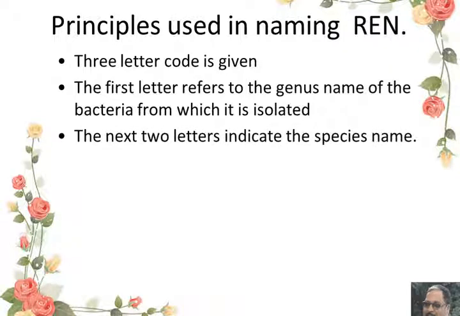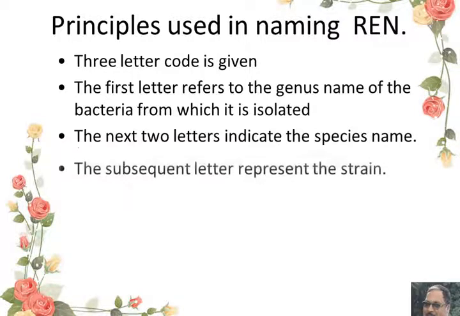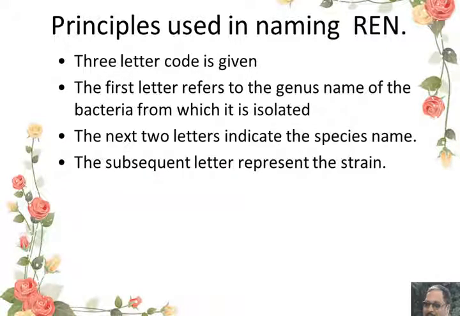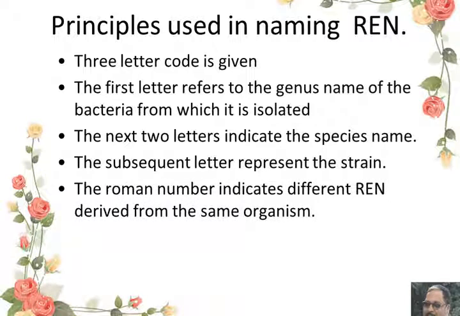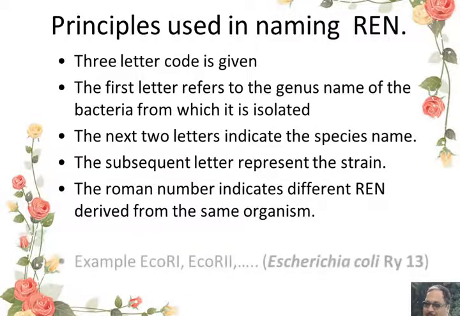The subsequent 2 letters represent the species name. The 3 letters are generally written in italics. The subsequent letters represent the strain, and the Roman numeral indicates the different RENs derived from the same organism.